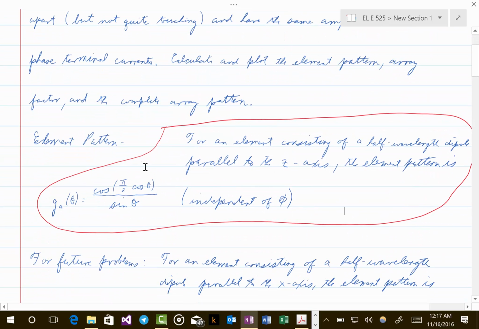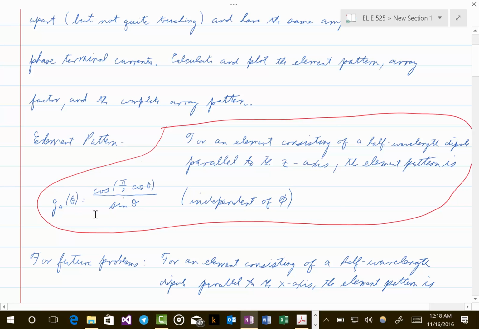Now, for a half-wave dipole along the z-axis, if that is the element, as is the case for this array, then the element pattern is given by this formula here. G_a of theta is equal to cosine of pi over 2 cosine theta divided by sine theta.